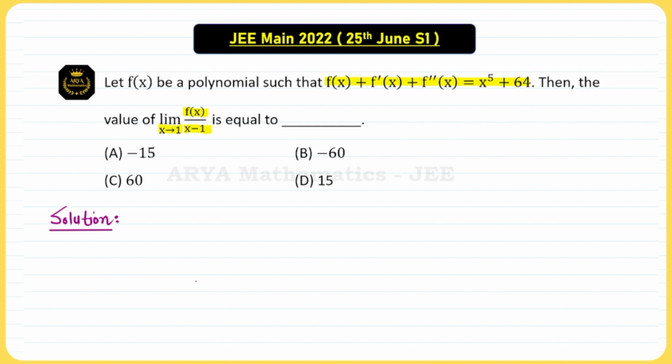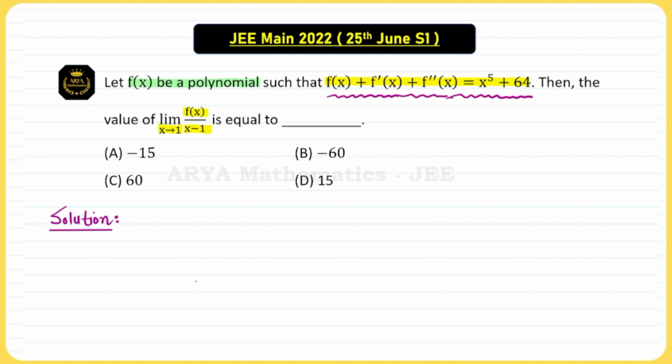So here, remember that f(x) is a polynomial function, and this equation is given to us, right? So using this equation, basically we need to find f(x), and once we get f(x), then we need to calculate this limit. Now remember, when we differentiate a polynomial of degree n, then we get a polynomial of degree n minus 1, right?